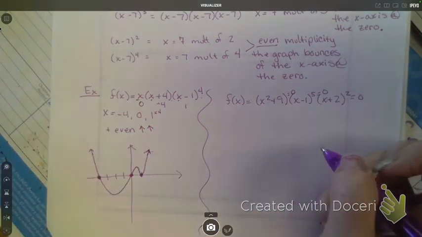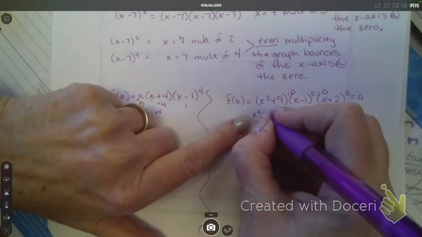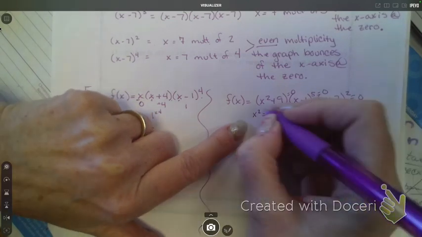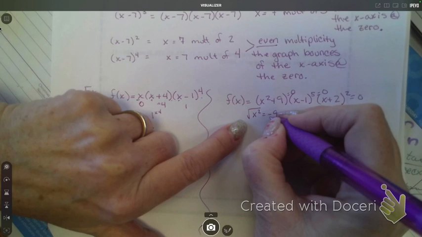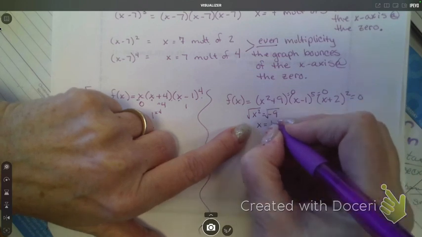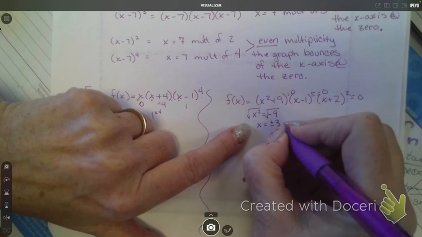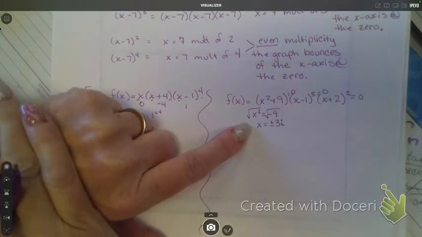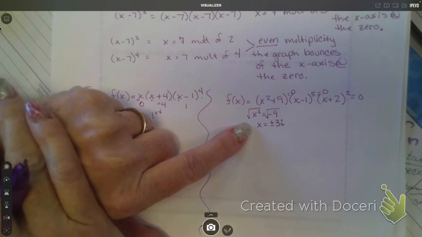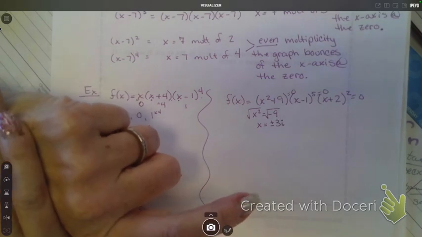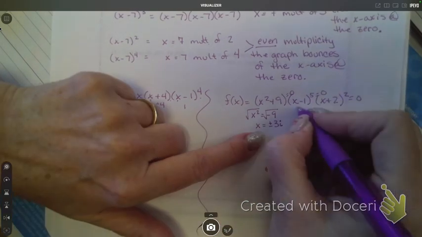So here I would have x squared equals -9. And I take the square root. So x equals plus or minus 3 what? Why is it 3i? Because it's a negative. It's an even root of a negative. Any even root of a negative is going to have a what? I.